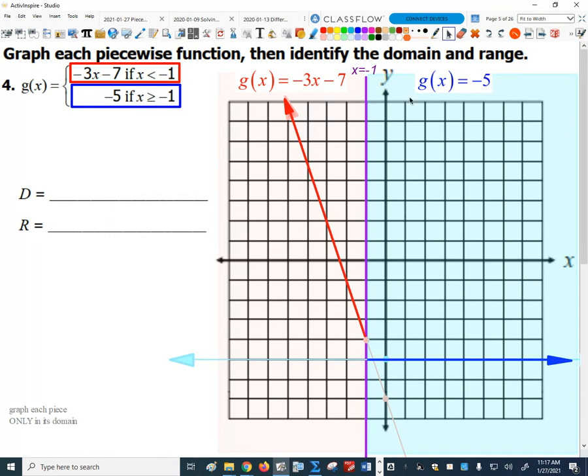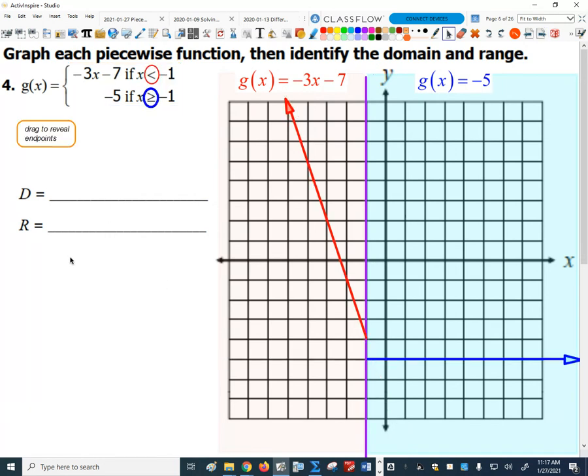But there's one more thing we got to deal with. What about the endpoints? Now, for the red piece, it's defined where x is less than negative 1. The blue piece is defined where x is greater than or equal to negative 1. So, and type this in chat, everybody, what kind of endpoint do I need for my red ray here?